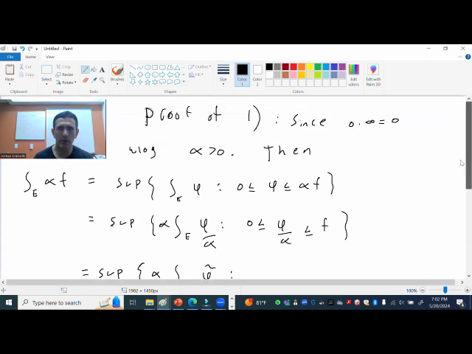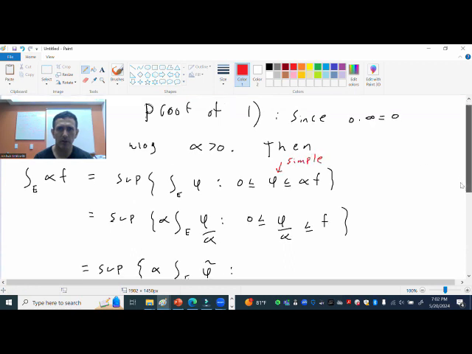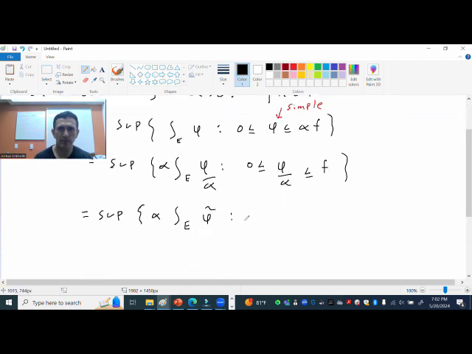And of course, here, this is simple. So for every simple var phi tilde where this is true, we can come up with var phi where this is true and vice versa.